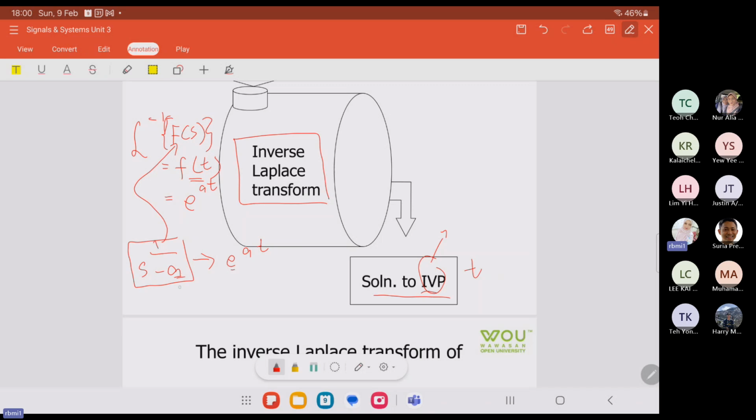This is the value. Let's say if it is 1 over S minus 4, then for here the a you replace with the number 4. It depends on the value given.